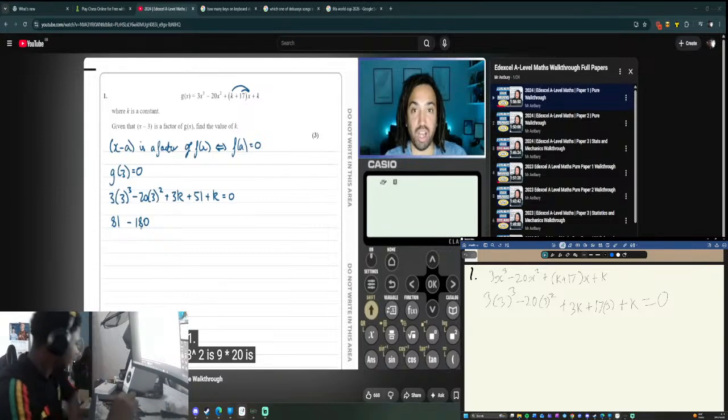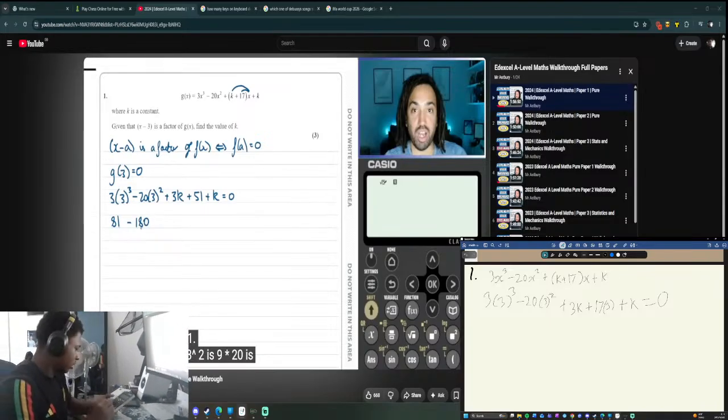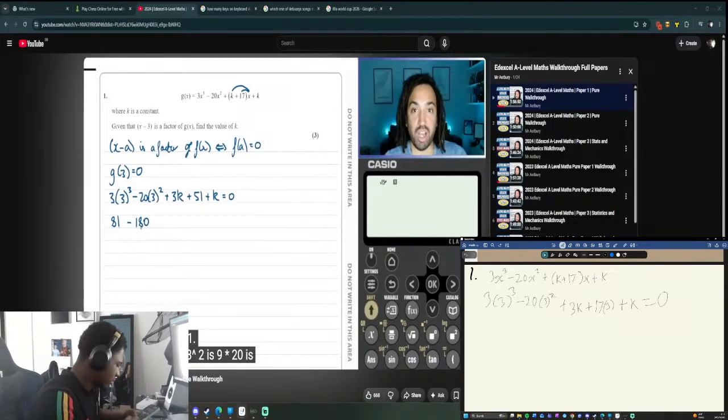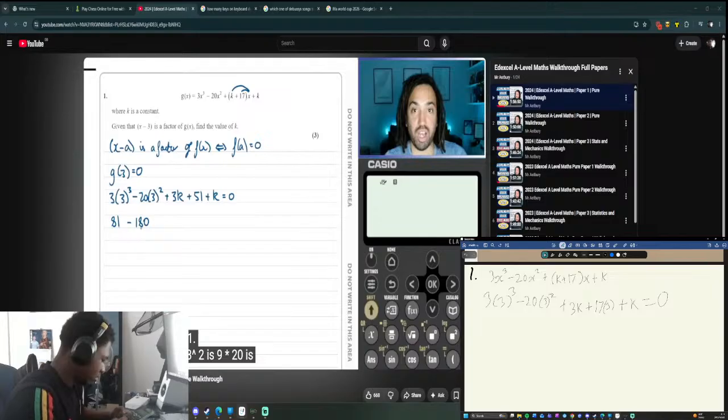And then obviously just base because it's huge. 3 times 3 cubed minus 20 times 3 squared. So 81 minus 180, plus 51, minus 48.